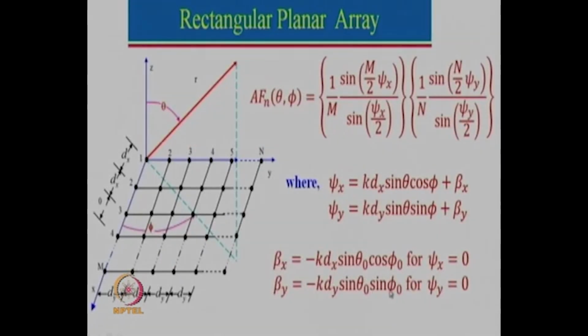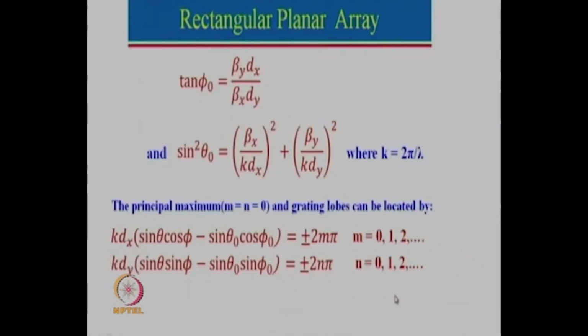Now we can find the value of theta 0 from here. So we know that sine square phi 0 plus cos square phi 0 is equal to 1. So we square both the sides and then add the terms, that gives rise to the term sine square theta 0, which is given in the form of beta x, beta y, and other terms are k, which is 2 pi by lambda, dx is the distance along the x direction, dy is the distance along the y direction.